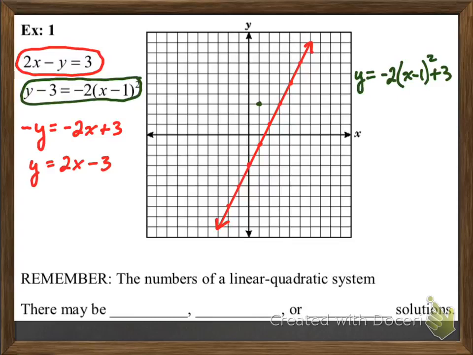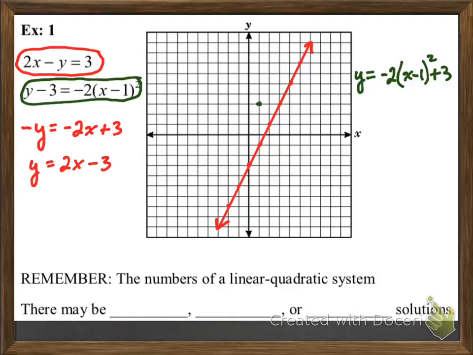Now because there's a negative 2 right here, that tells us our parabola is going to be opening down because of the negative sign. So we already know when x is 1, our parabola is going to be at 3 for the vertex. We need to pick some points that are right around here, but we've already done the 1, so let's use 2.